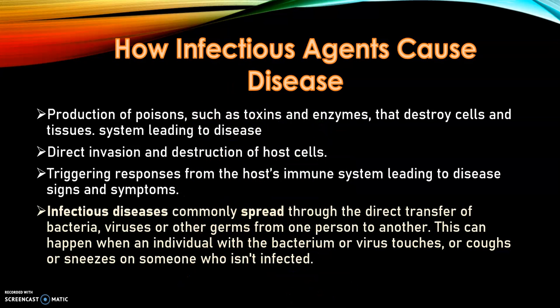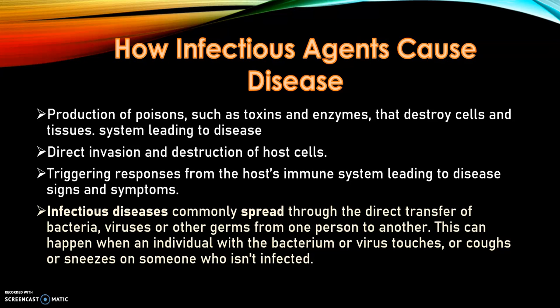We are now going to have a look at how infectious diseases are transmitted and a few different ways to control their spread. Infectious diseases commonly spread through the direct transfer of bacteria, viruses, or other germs from one person to another. This can happen when an individual with the bacterium or virus touches, coughs or sneezes on someone who isn't infected.